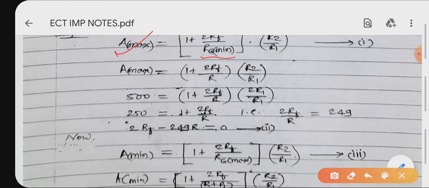RG min means minimum value, potentiometer is in 0 position, that means minimum value is R. Okay, so by keeping the value of A max here, R2 by R1, R2 is equal to twice of R1, you will get one equation, 2RF minus 249R is equal to 0. Give this as equation number 3.